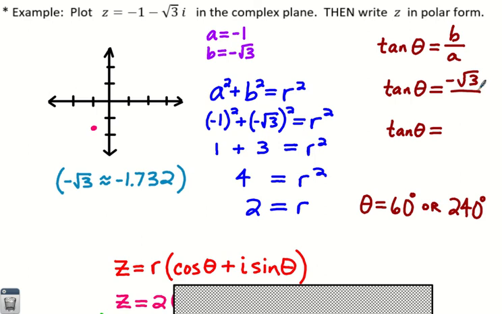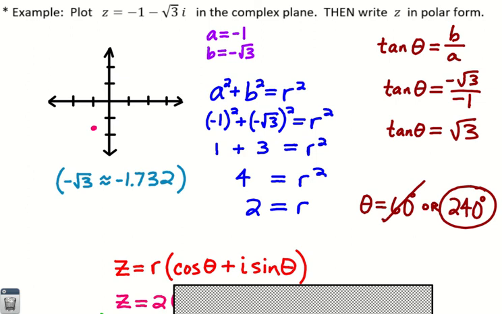Negative root 3 over negative 1, overall root 3. And so theta could be 60 according to your sheet or 240. So which one makes sense if we're over here in quadrant 3 with our complex number? Well, 240 would make sense.